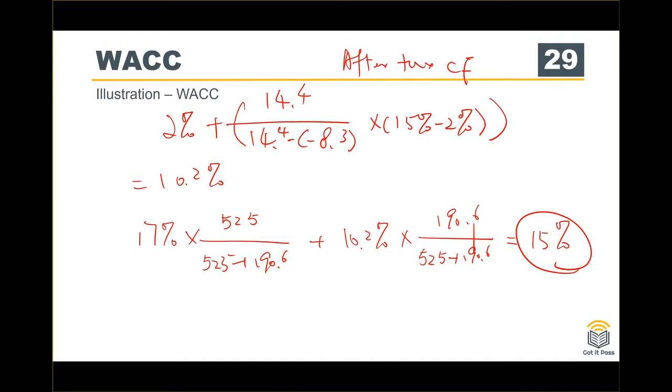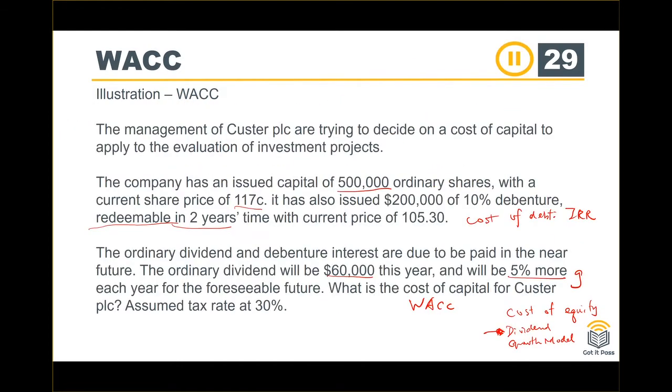Let me recap. How to work on this question if the ACCA F9 exam paper asks you about the calculation of WACC? First of all, you read through the question and decide what formula you have to apply. For example, if it is redeemable debentures, then for cost of debt, use the IRR, the internal rate of return.